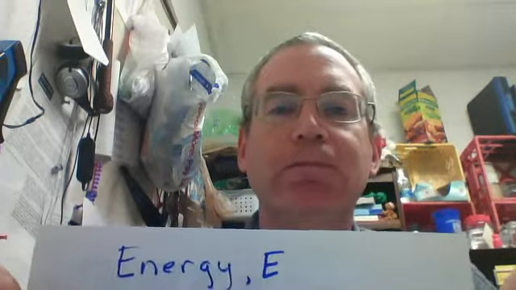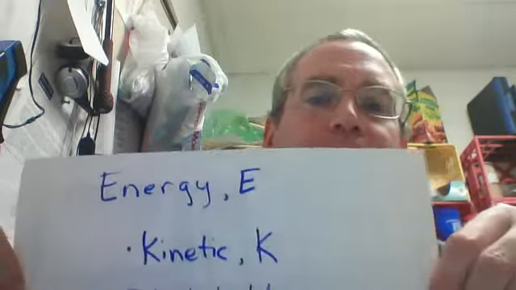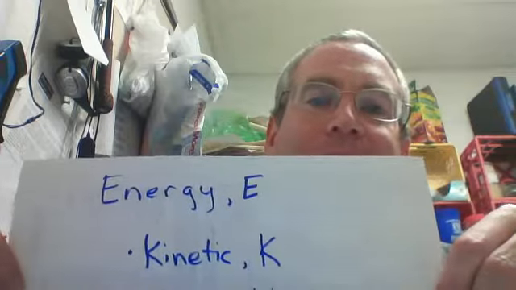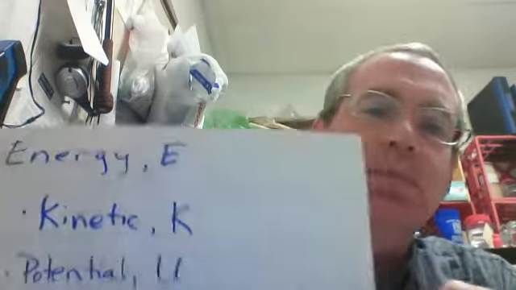Now, if you recall, or go back to your readings, we have energy symbolized by the letter E. There are three types of energy. We have kinetic, symbolized by the letter K. We have potential, symbolized by the letter U. Why U? I have no idea. More advanced textbooks, especially in electricity and magnetism, like to use the letter V, but we use V in this particular course for electric potential, so we're sticking with U. Some people like to write out the word potential energy.